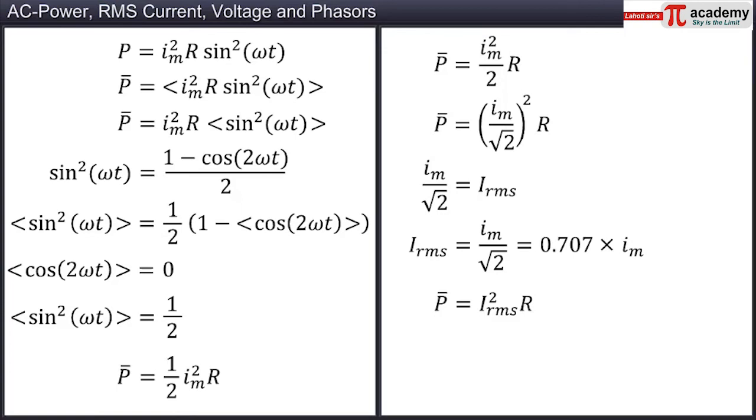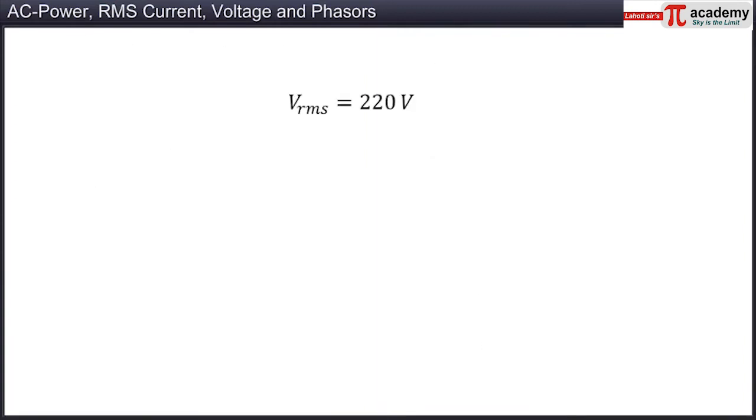Similarly, we can denote the RMS voltage or effective voltage, VRMS, as Vm by root 2, where Vm is the amplitude of the AC voltage. The value of voltage normally used to describe an AC voltage is an RMS voltage. For example, domestic supply has 220 volts AC.